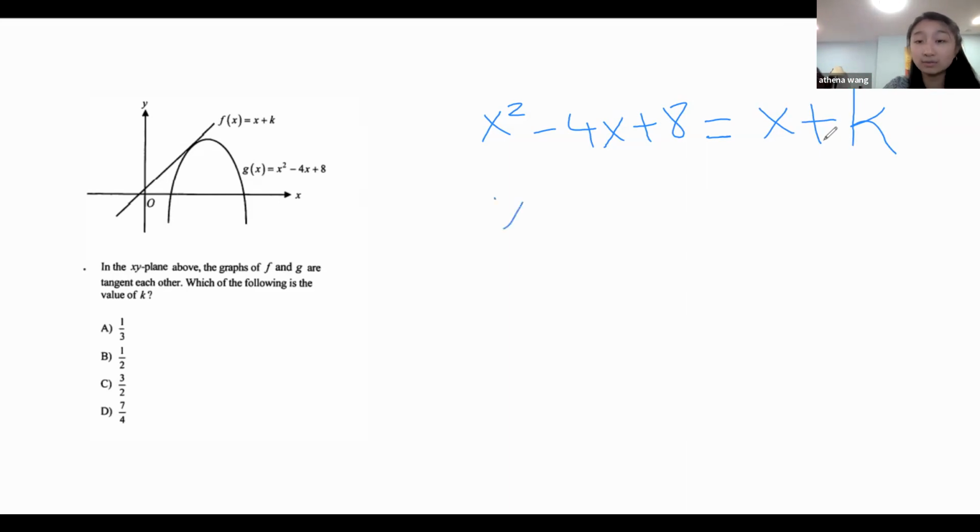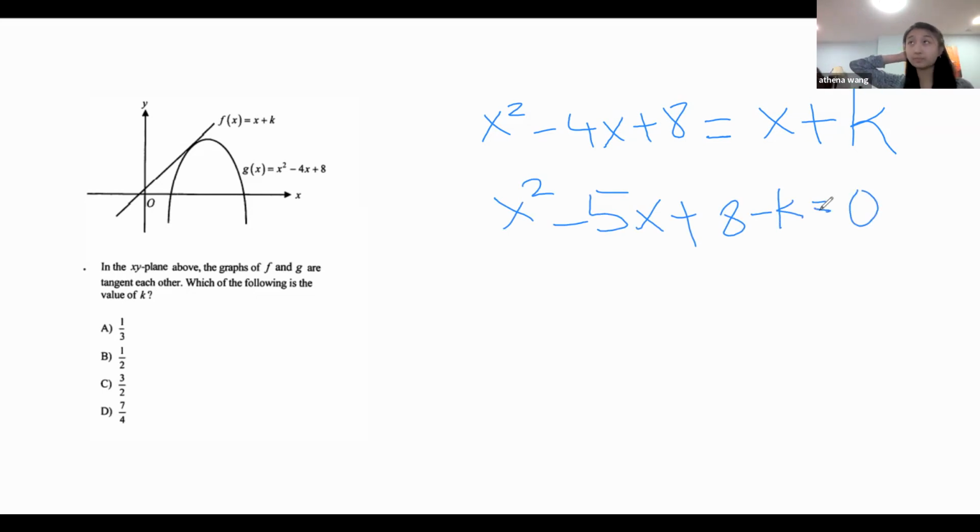So we know that x squared minus 5x plus 8 minus k equals 0. And the discriminant of this must be 0 because that's when there's only one root. They are tangent. Remember our quadratic formula, we have b squared minus 4ac.